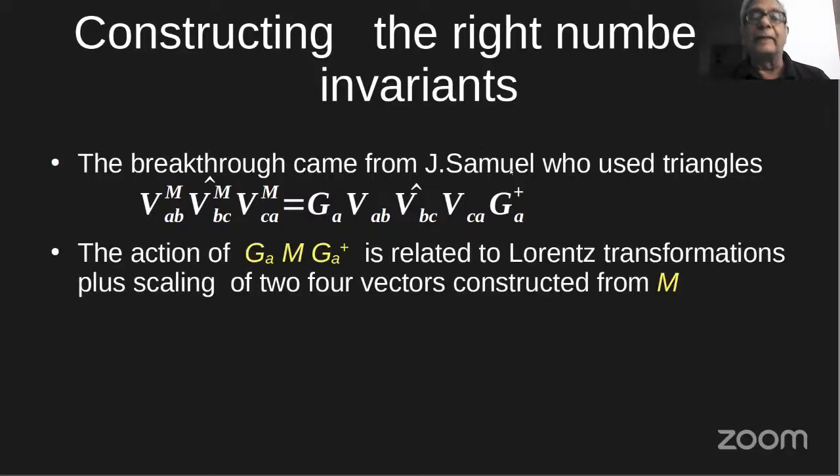Samuel, being amongst his many other achievements a card-holding general relativist, and therefore special relativist also, told us, he'd known it for a long time, that if you take any matrix M, okay, complex 2 by 2, and hit it with this GA and GA dagger, then some combination of the elements in M actually undergo Lorentz transformations. Okay.